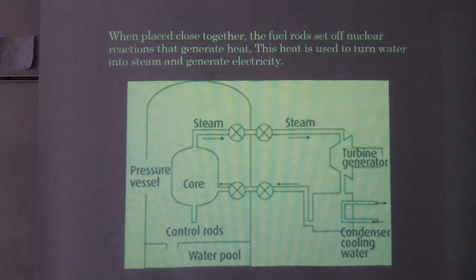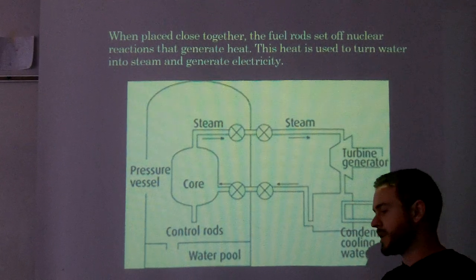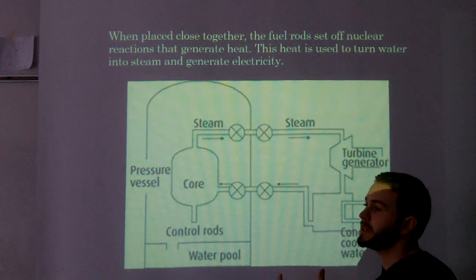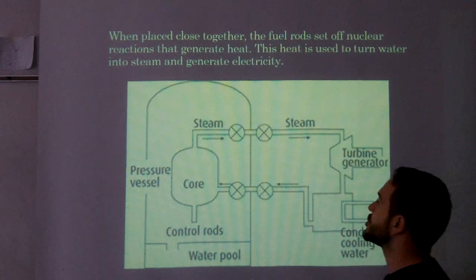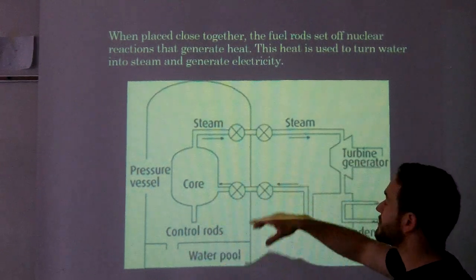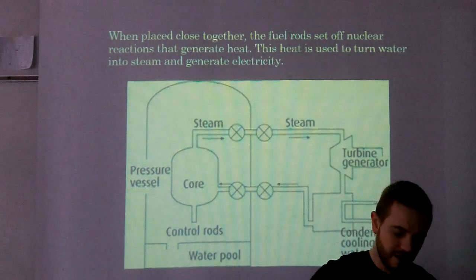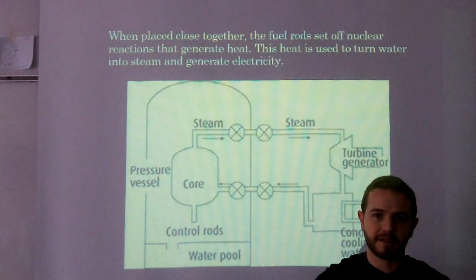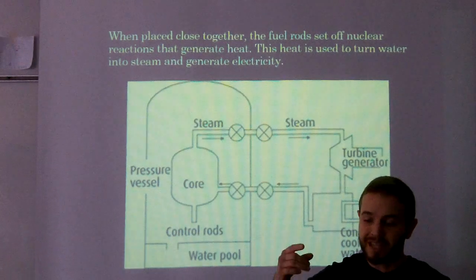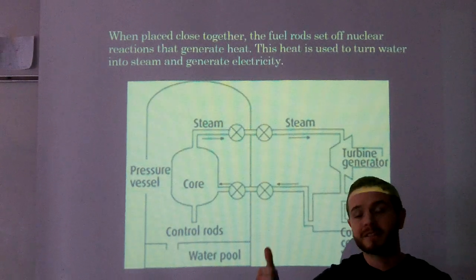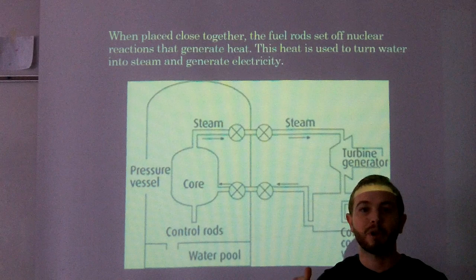What's going on? When you put all of this stuff together, these fuel cells into rods, into assemblies, again, you're trying to generate steam. That steam, just like all of our non-renewable fuel sources, coal, oil, natural gas, we're burning them, and we're using the heat to produce steam. Same thing in a nuclear reactor, except we're not burning anything.